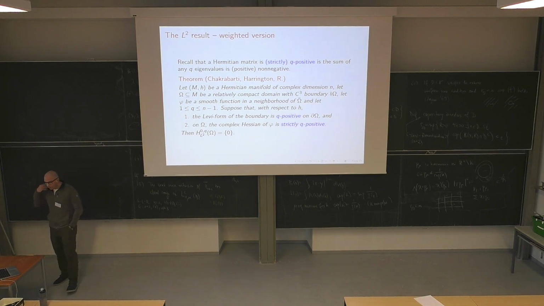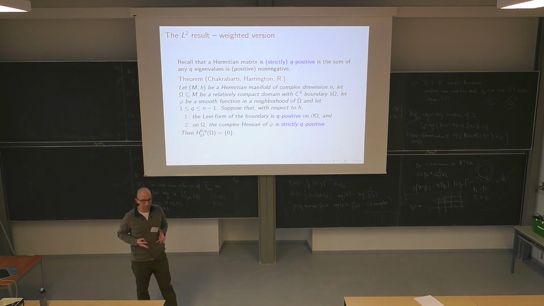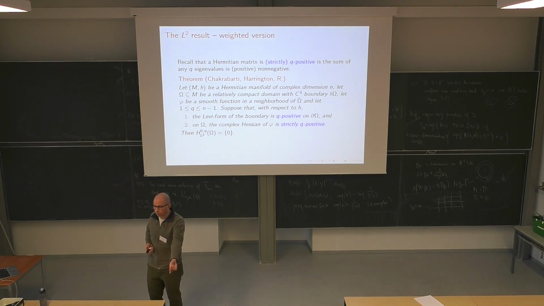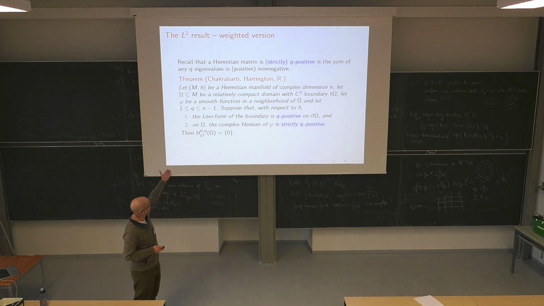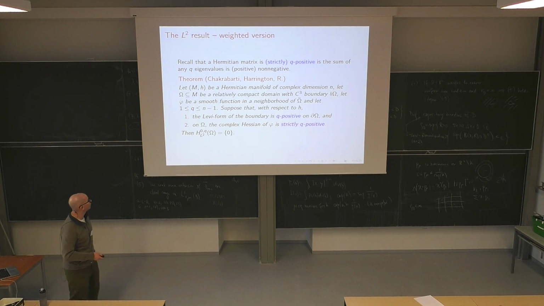And what we first did is we said, okay, given our hypotheses, what's the L2 theory here? This is the L2 theory, and we have some Q fixed between 1 and n minus 1. We're most interested in Q at least 2.